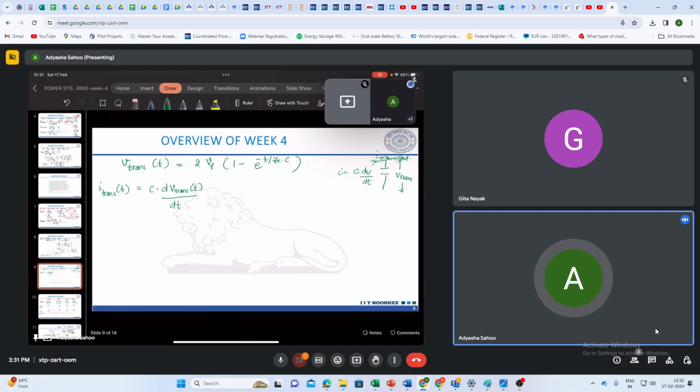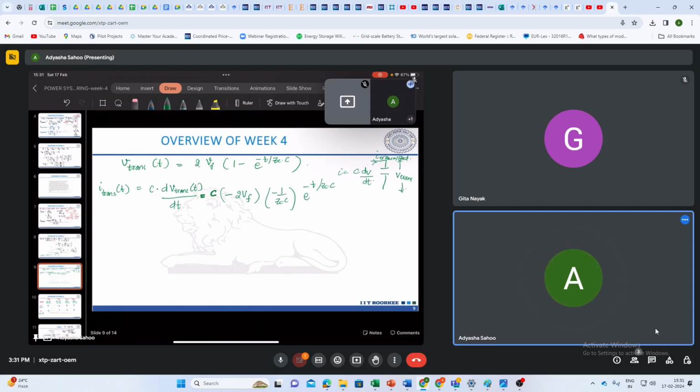So if I do this, first 2VF, its derivative will be 0, then I have minus 2VF, and then we follow the chain rule. So we'll be getting minus 1 by ZC times C, e to the power minus t by ZC times C. And we had a C previously here, C times this much.